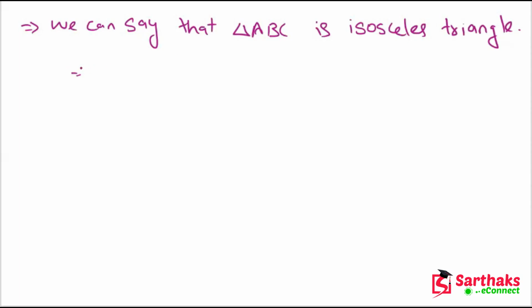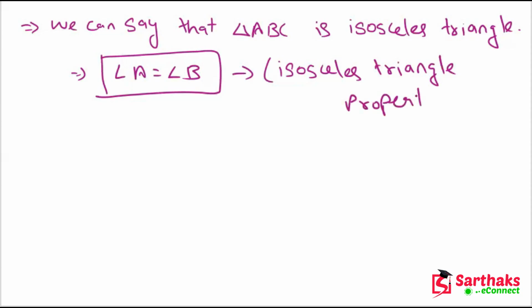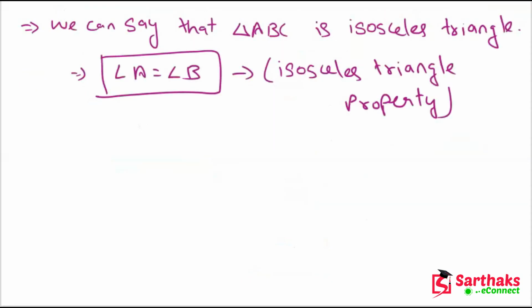So we can say angle A is equals to angle B, because of the isosceles triangle property. I hope you understand this point. My dear friends, very easy method. Now let's move on.